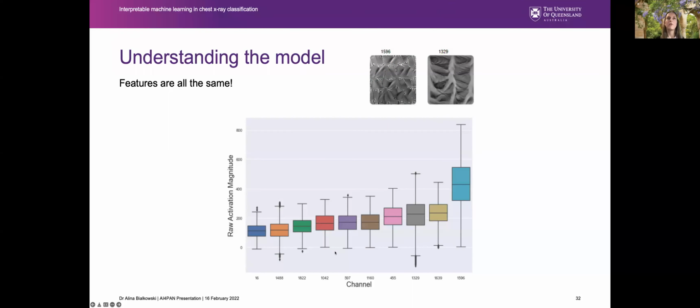Now, if we look at the features that the model is using for making the classifications, what we can see is the channels, and this is how frequently it's observed, so its magnitude. And so this is the most common feature across all of the chest x-rays, and this one here. If I were to describe them, I'd say this one to me definitely looks like ribs.